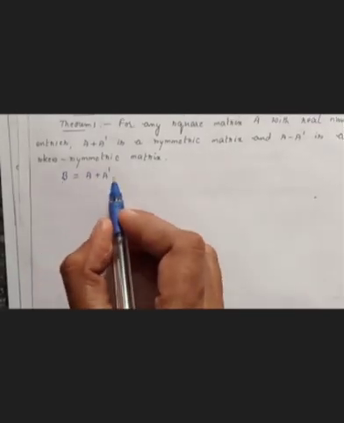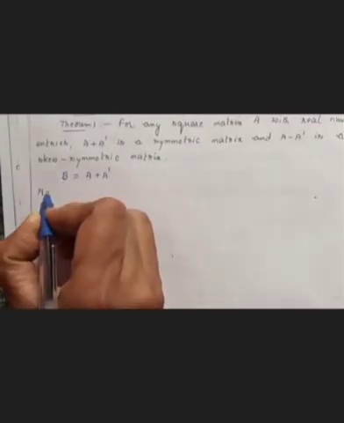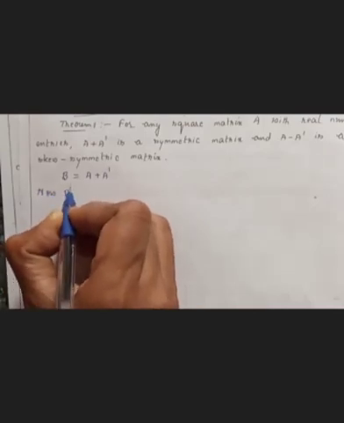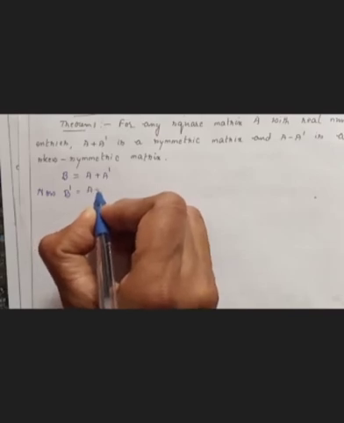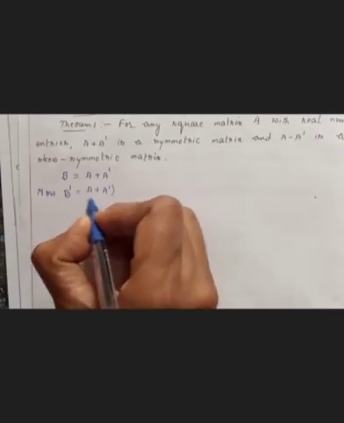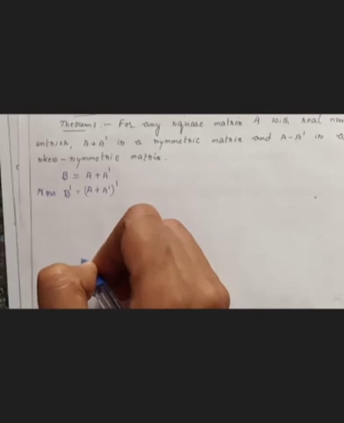Okay, let's begin here. So B is A plus A dash. Now find out B dash. What is B dash? B dash is A plus A dash whole dash.